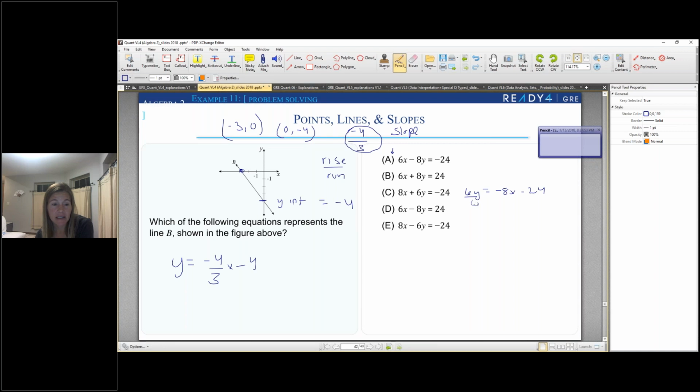If I divide by 6, divide by 6, divide by 6, that gets me y is equal to negative 4/3 x minus 4. So that's looking really good. Okay, let's try another one. If we try d, however, minus 8y.